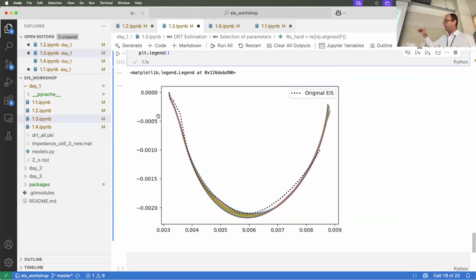So when you start doing experiments, most probably you will have multiple ice curves. You do measurements over time. You will take the first ice and you will calculate a DRT. You've selected some parameters for DRT. Fine, they work.